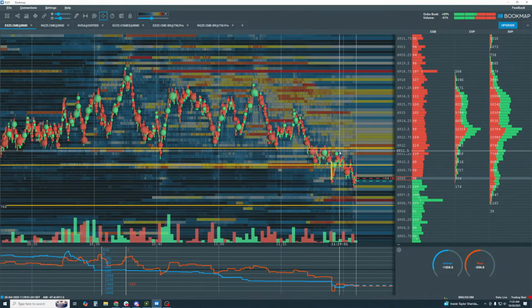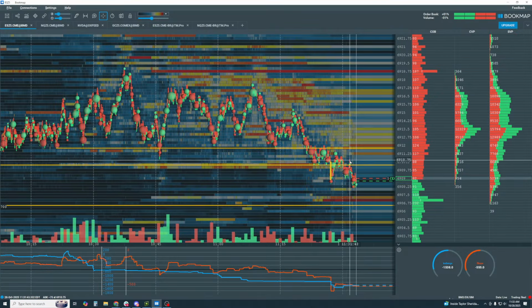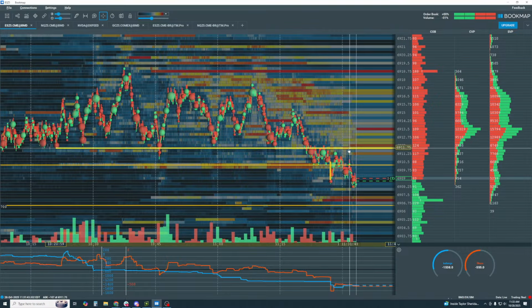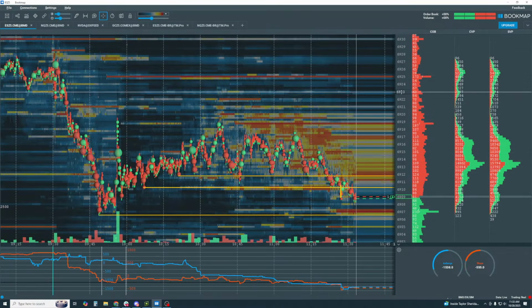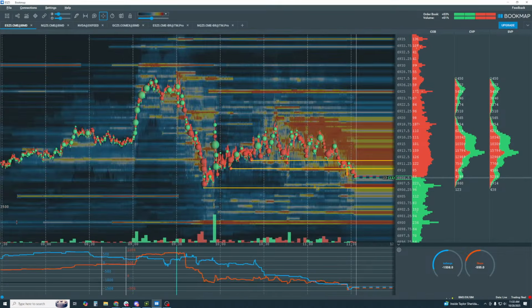Anyway, building that experience, yeah, way too choppy for your liking, Matt. But building that experience is when you'll be able to look at it and go, I don't like it. It's choppy. Yeah, there's this and that, and it might work out, but you're just going to watch and wait for a better setup.